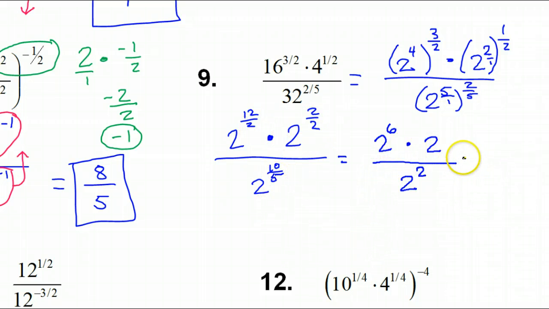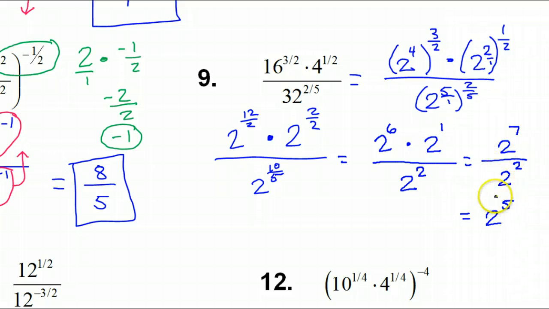Now, up here in the numerator, we know that 2 to the 6th power times 2 to the 1 power, I didn't really have to put the 1, but this is going to make 2 to the 7th power. So I have 2 to the 7th power over 2 squared. If I subtract, I'm going to get 2 to the 5th power.